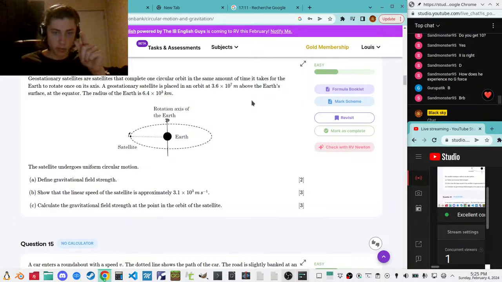That means times by the radius, which includes the Earth orbit. Oh, but actually it doesn't matter, the Earth radius is way too small, so let's just forget about it. Times 3.6 times 10 to the 7. It's about 7.17.